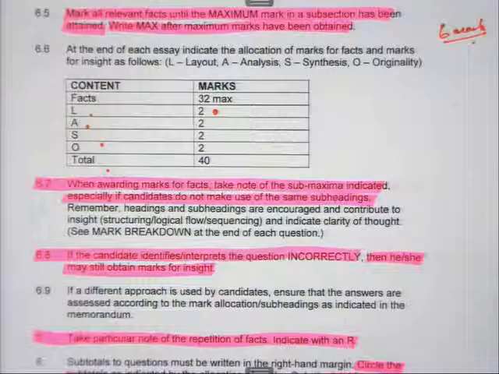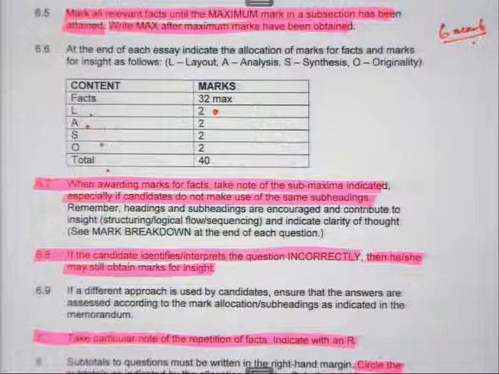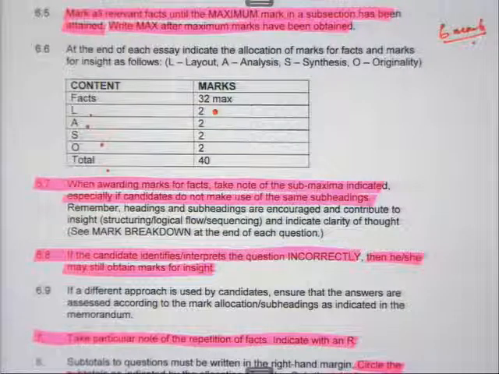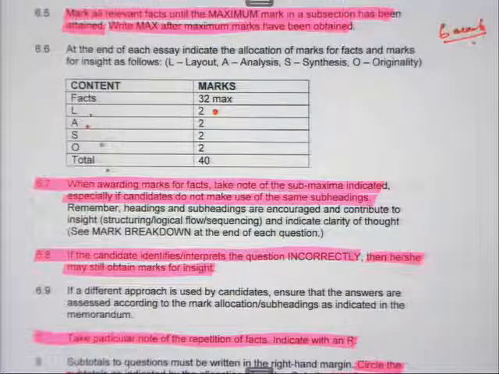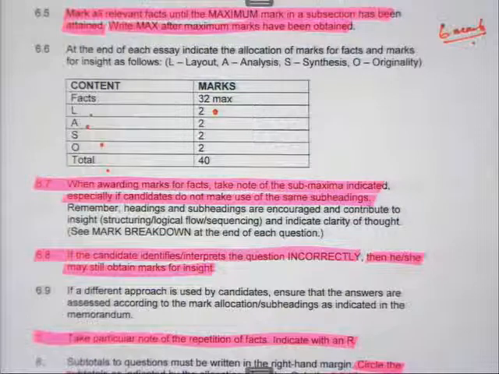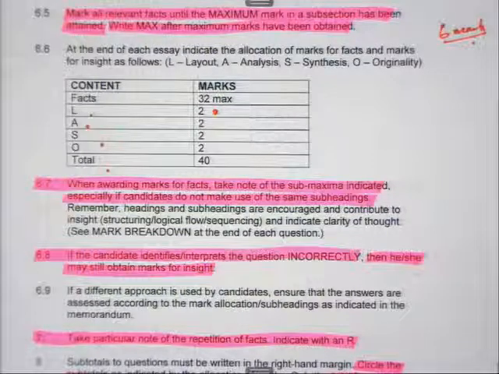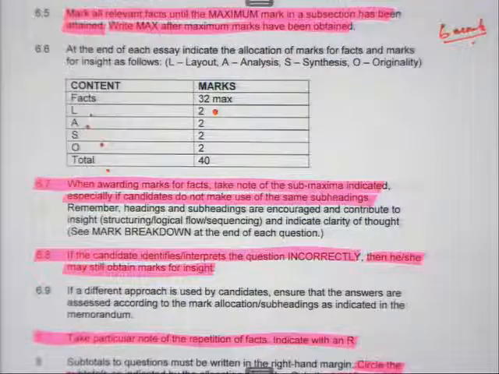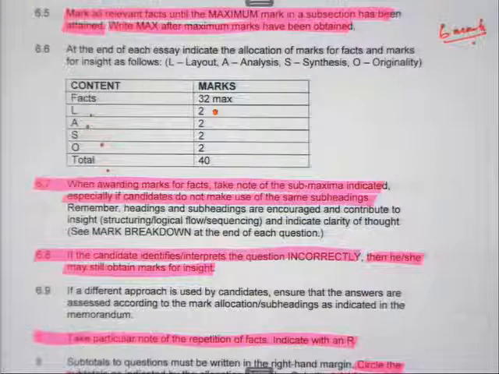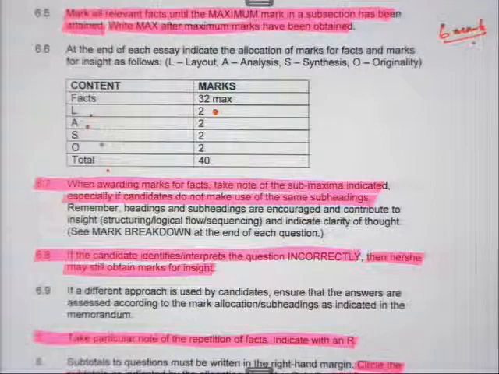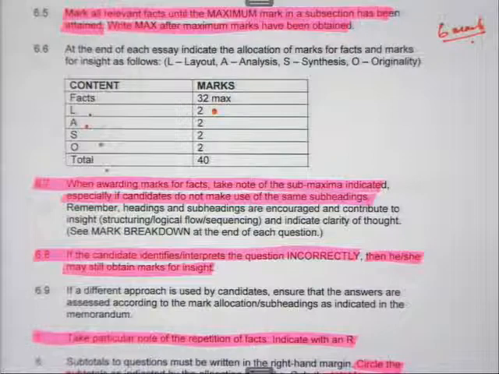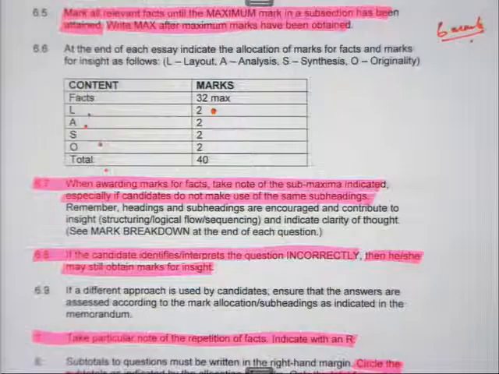Then 6.8: if the candidate interprets the question incorrectly, then he or she may still obtain marks for insight. In an essay, for example, if a candidate misinterprets the question, let me give an example of what happened in March. There was an essay based on the National Consumer Protection Act, but most candidates confused the Consumer Protection Act with the National Credit Act.